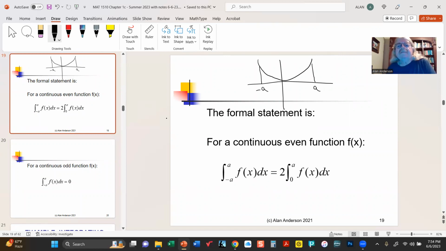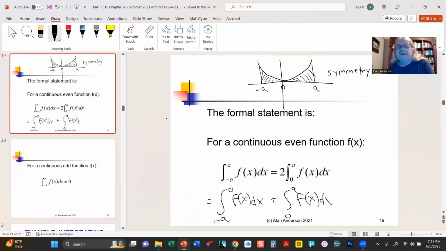What they're basically saying here is that if you go from 0 to a and negative a to 0, they're both going to do the same, because of the symmetry. So what you can actually do then is rewrite this as from negative a to 0, and then 0 to a. But since these two equal each other, well, let's sneak this onto the next slide.